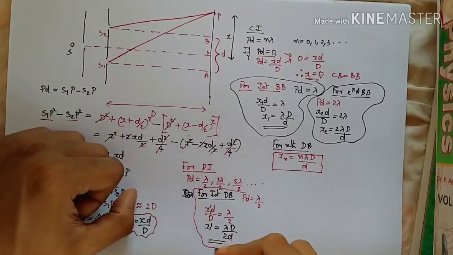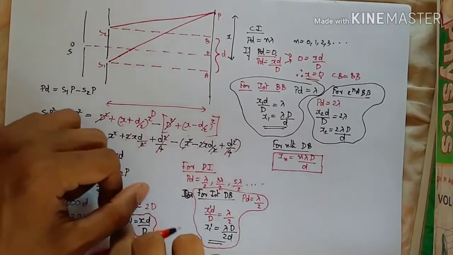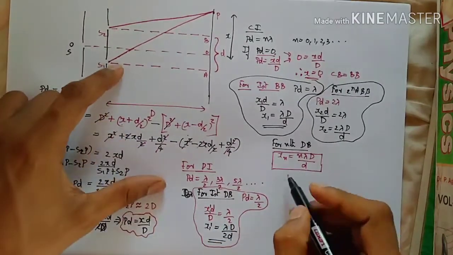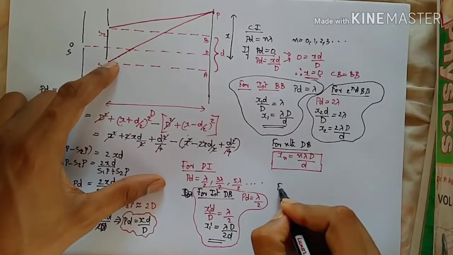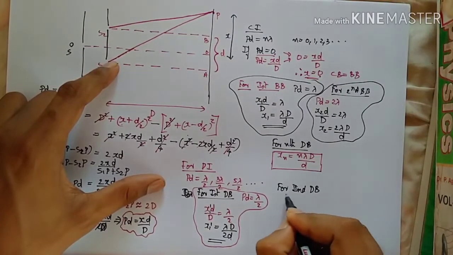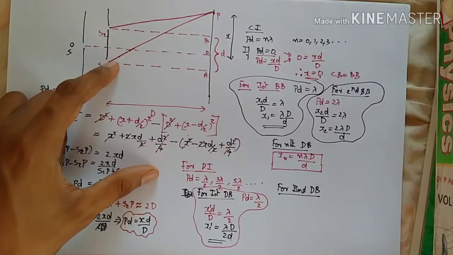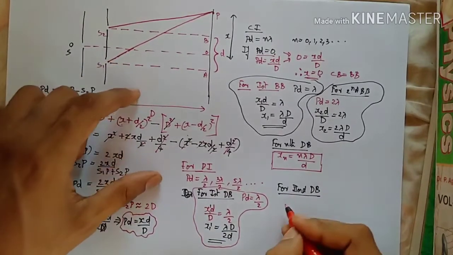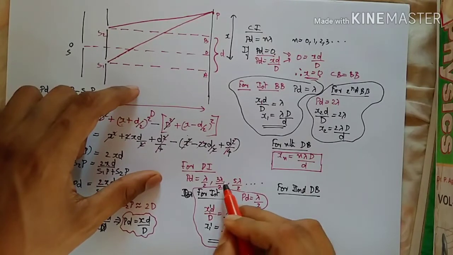Likewise, let's find it for the second dark band. For the second dark band, the path difference should be 3 lambda by 2. Let me write it like this.